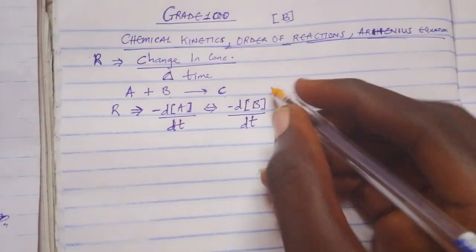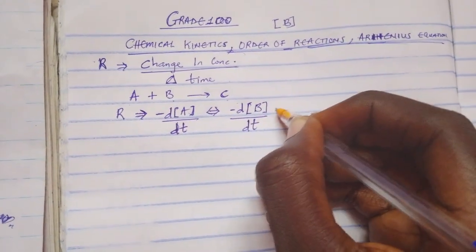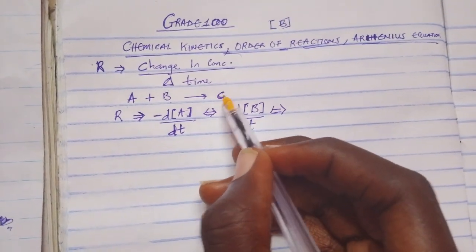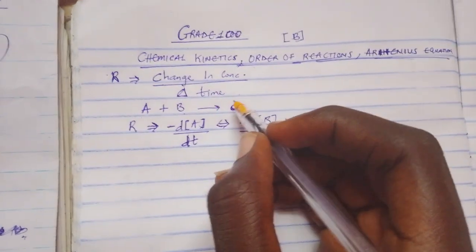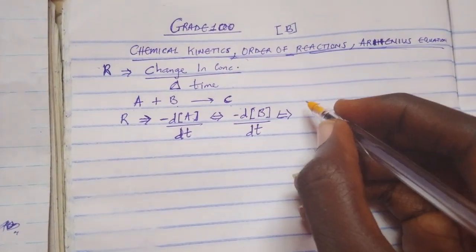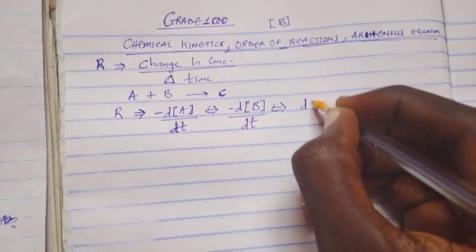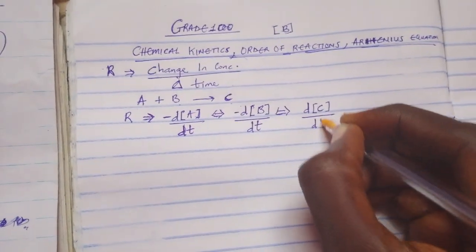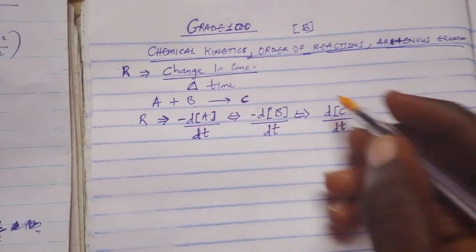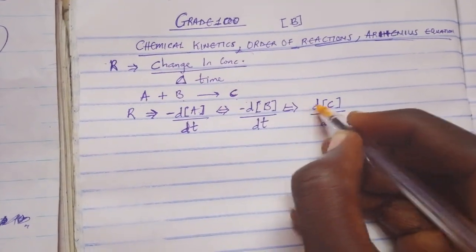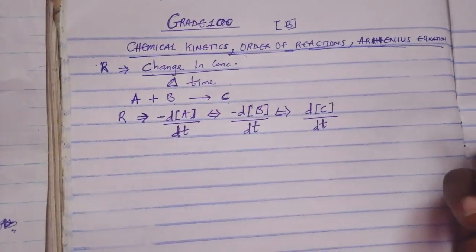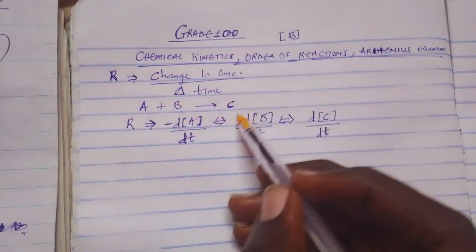From here, we can also equate it to the rate at which C, which is the product, is forming. The rate at which the product is forming is d[C]/dt. Here we are not putting the negative sign, because the product is forming or appearing while these are disappearing.